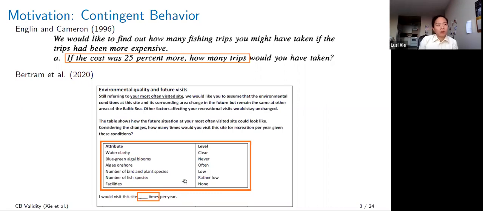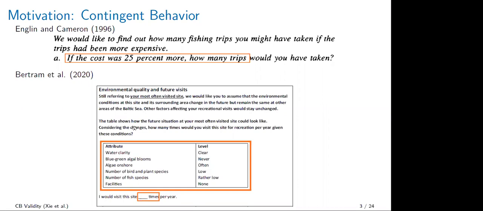So I hope you already get that sense that the contingent behavior we are looking at here is really asking for quantities or frequencies rather than eliciting values as in the contingent valuation and choice experiments.